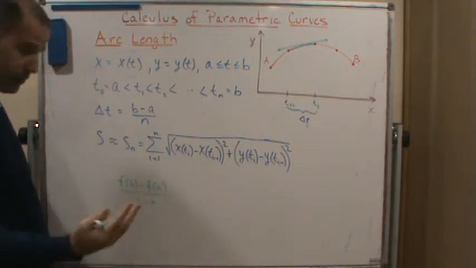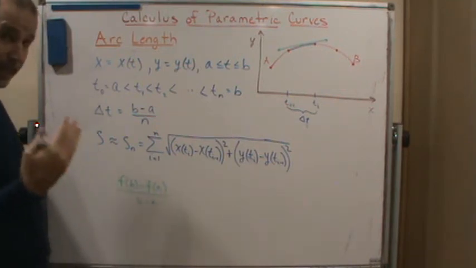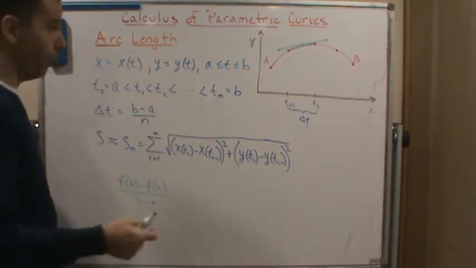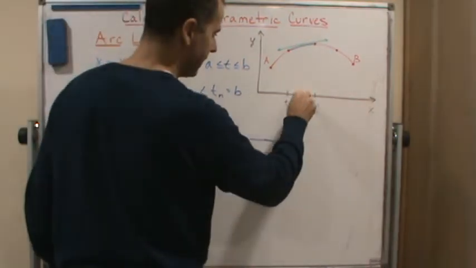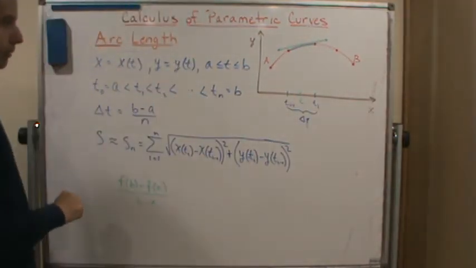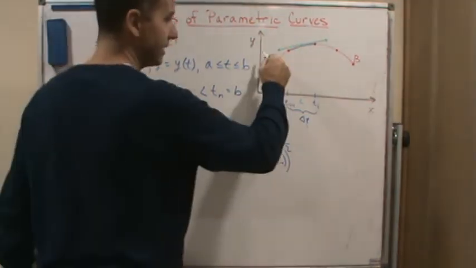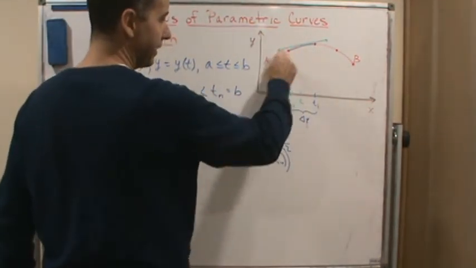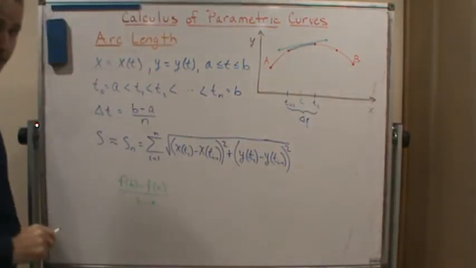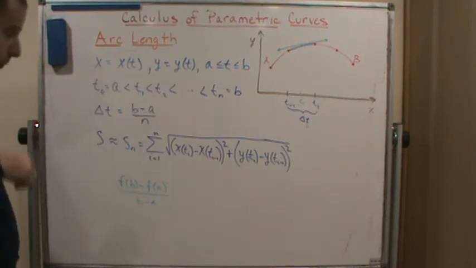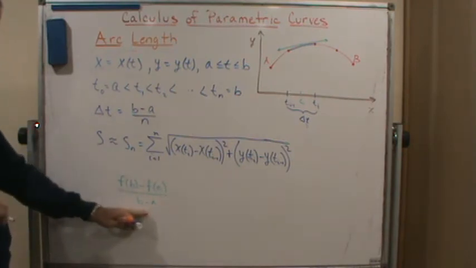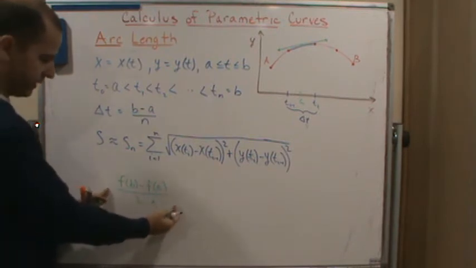So the mean value theorem says there must be some c value in the interval such that the slope of the tangent line at that point, f prime of c, is the same as the slope of the secant line, the average rate of change.